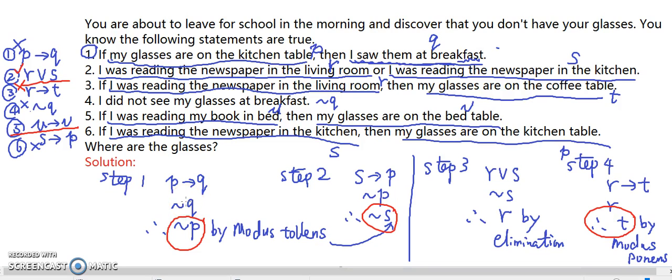Then we use number 4, because I did not see them at breakfast, we get the conclusion that my glasses are not on the kitchen table. So you can use all sentences instead of symbols to find the same conclusion, but as you can see, the symbols could simplify the writing a lot.